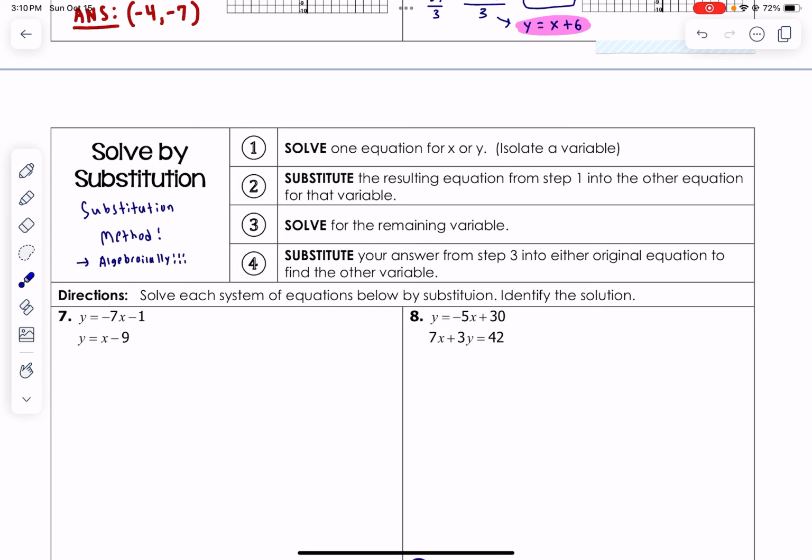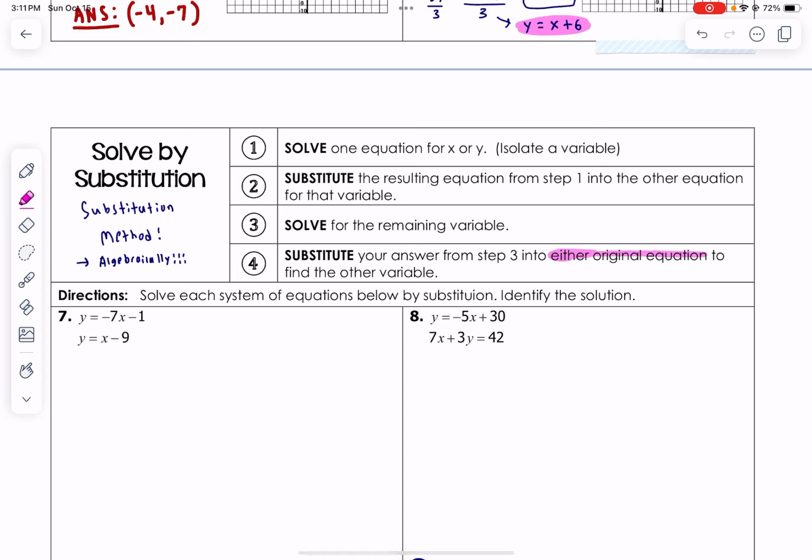Number 2 tells us to substitute the resulting equation from step 1 into the other equation for that variable. Number 3, solve for the remaining variable. And number 4, substitute your answer from step 3 into the original equation to find the other variable, into either original equation.